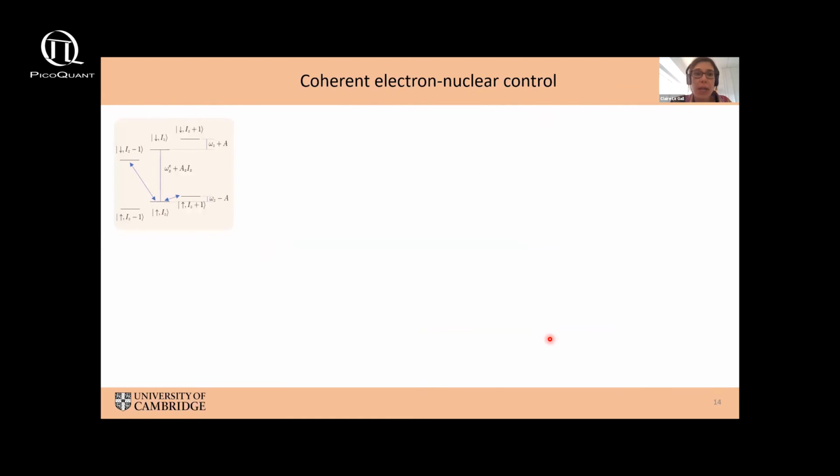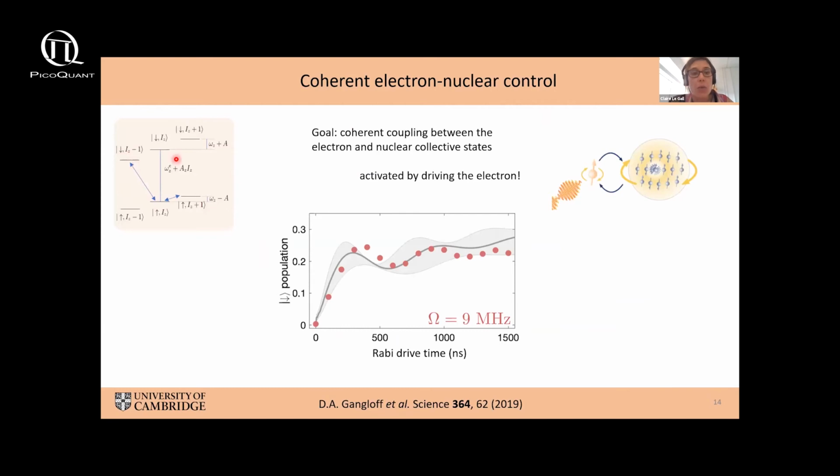Right, so now we have this. The question is, can we actually reach a regime in which these electron nuclear processes can be driven coherently? And we found, and we demonstrate in our Science paper, that this is the case.